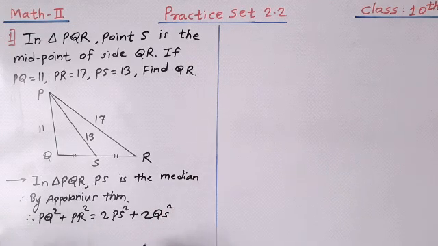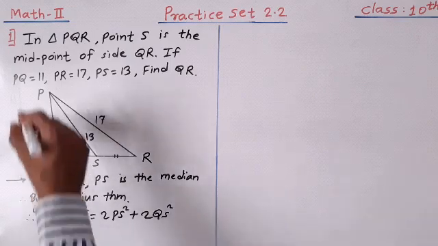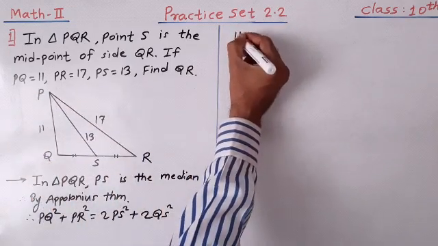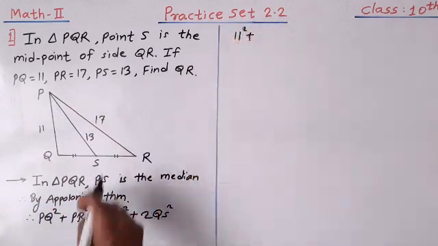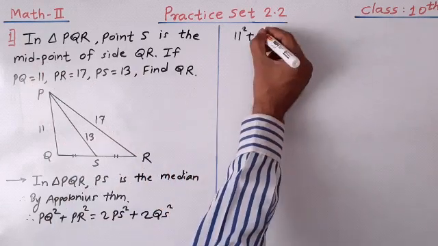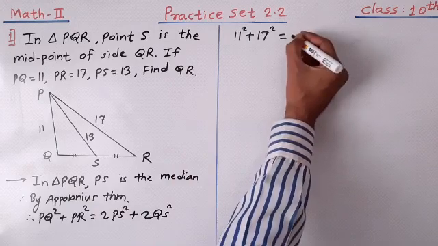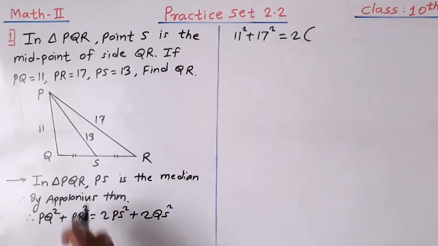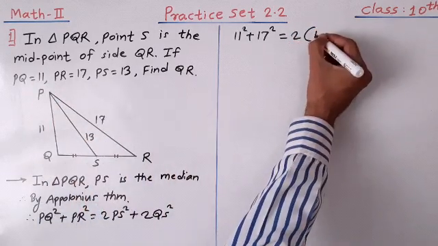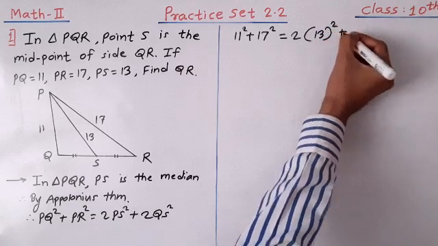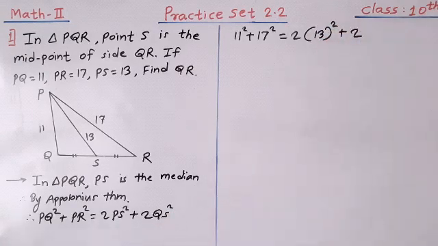Now let us put the values here. PQ square means 11 square plus PR square, it is 17 square, is equal to 2 times of PS means 13 square plus 2 times of QS.